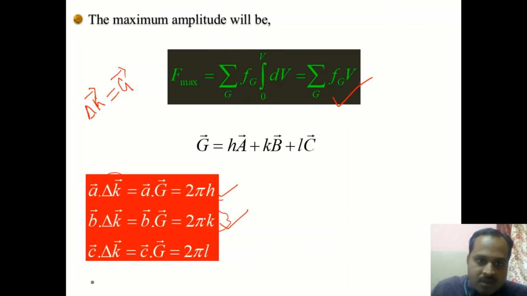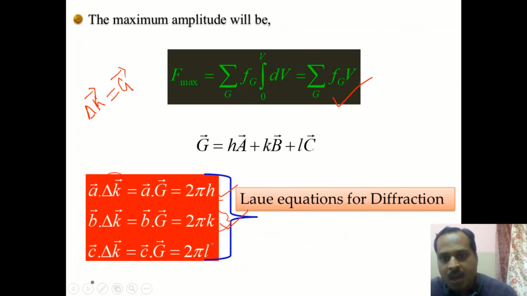This k and this k are different. Similarly, C dot del k will be equal to 2 pi l, and this set of equations are called the Laue equations for diffraction. So today we obtained the maximum scattering amplitude, and we also obtained the Laue equations for diffraction.